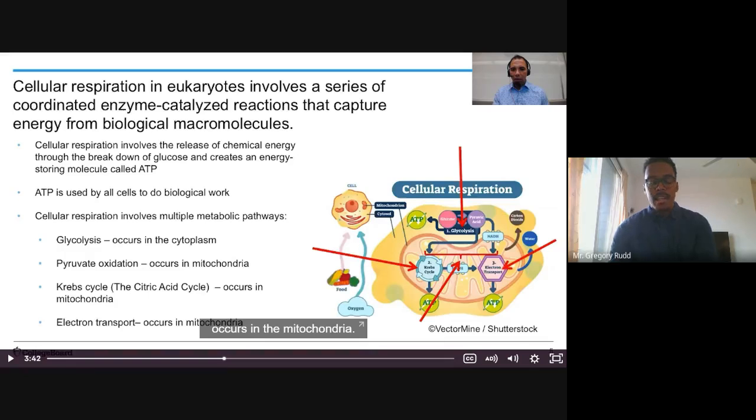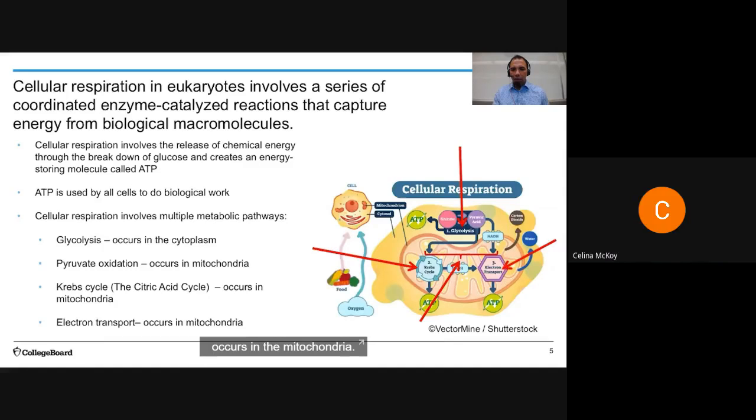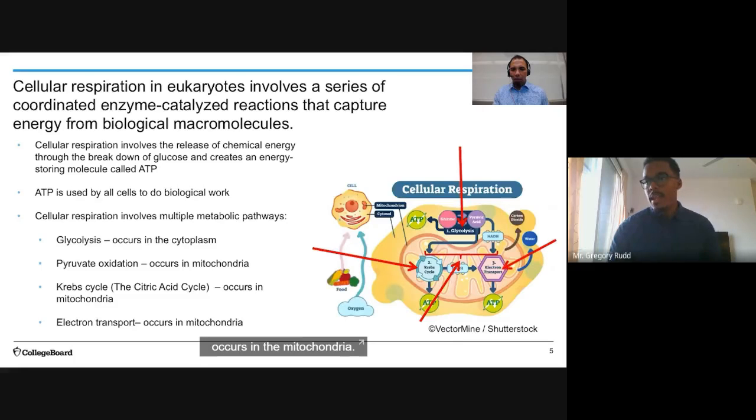What does this word glycolysis mean? It says something that occurs in the cytoplasm on the page. Okay, it is a process that occurs in the cytoplasm. That's true. What else can we say about it?